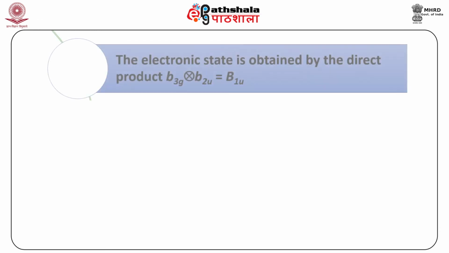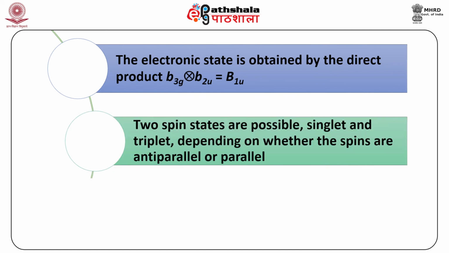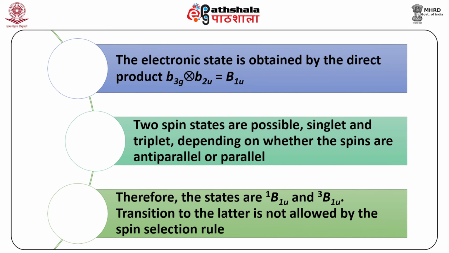The electronic state is obtained, as you know, by the direct product B3G into B2U. When you do this product, you get B1U, and you know that two spin states are possible, singlet and triplet, because the spins could be parallel or anti-parallel. Therefore, the states are 1B1U and 3B1U.